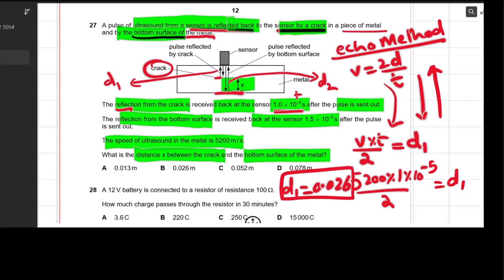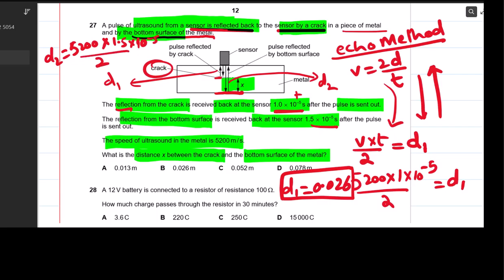Now we find distance 2 as well. This will be 2 is equal to 5200 multiplied by time, this one, 1.5 exponent minus 5, divided by 2. If I solve this, 2600 multiplied by, no, here we have different time.